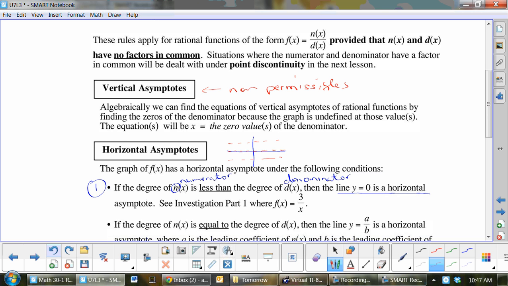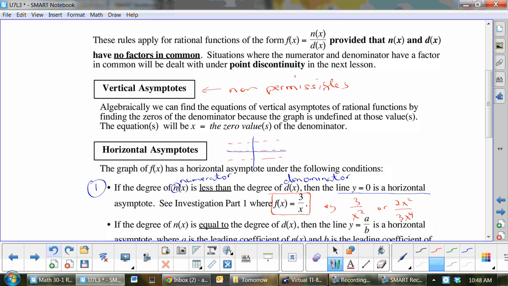So an example is 3 over x. I like to think of it as the denominator has a higher degree than the numerator, but you could say the numerator has less than, it doesn't matter. Other examples would be 3 over x squared, or 2x squared over 3x to the 4.